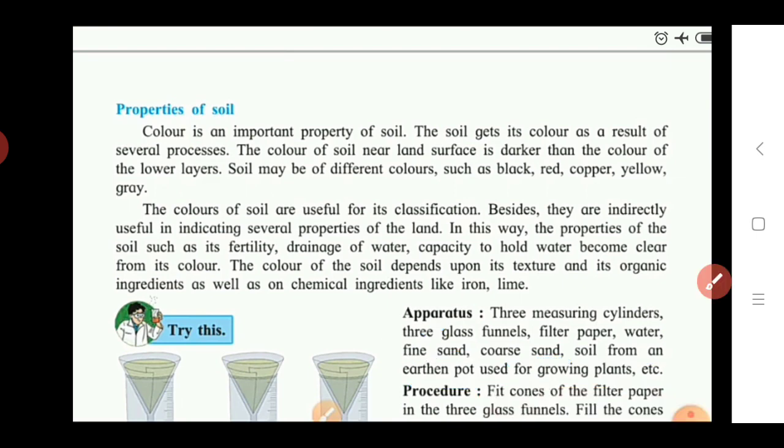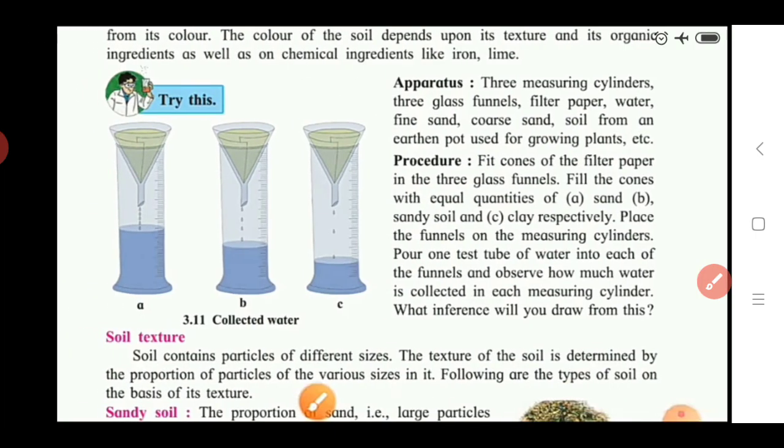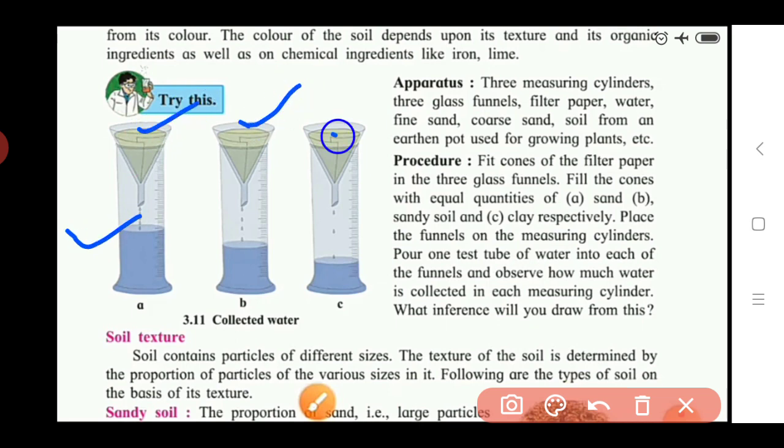So what is the procedure for this activity? See here which apparatus are given. I will explain again. These are the measuring cylinders, and above that we kept the three glass funnels, and in each glass funnel we place the filter paper, making a cone. In each cone we take the three types of soil.